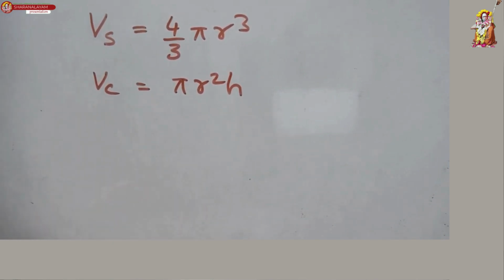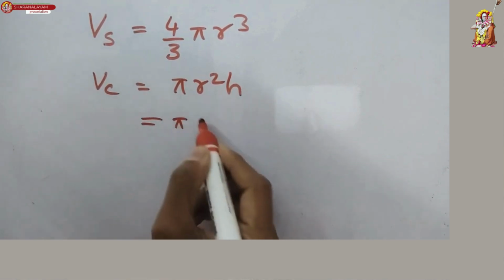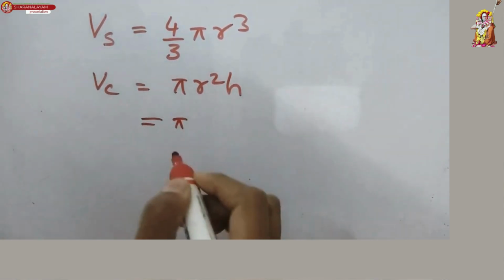Now, according to the question, the volume of a sphere is equal to 2/3 the volume of a cylinder whose height and diameter are equal to the diameter of the sphere. So here, if the diameter of the cylinder is equal to the diameter of the sphere, then this r will remain. If diameter is same, radius will also be same.